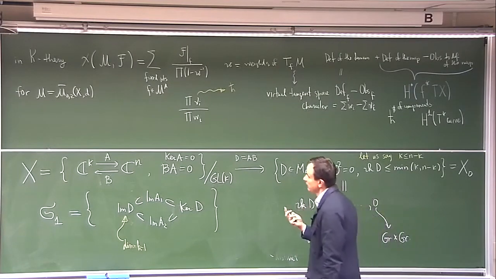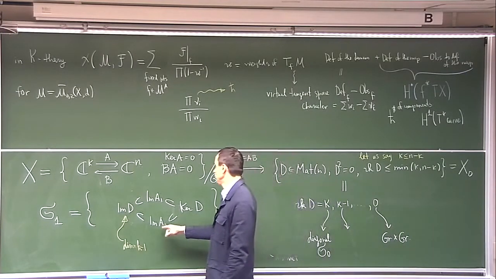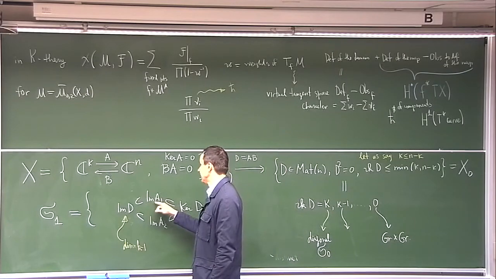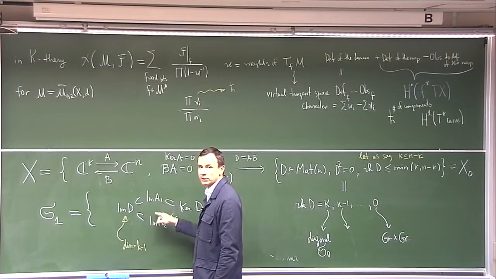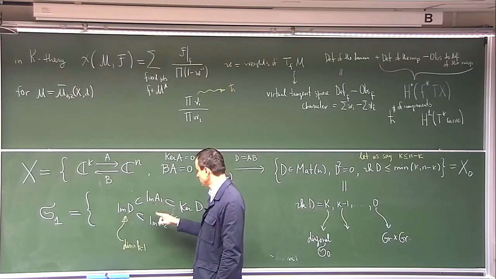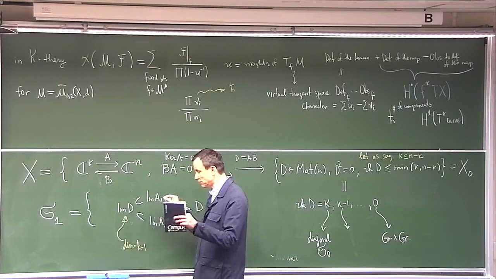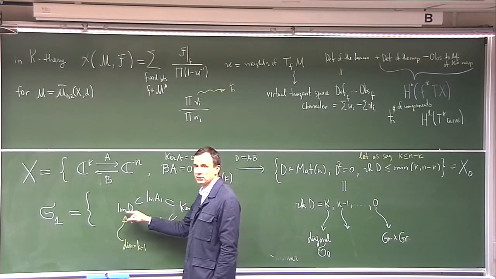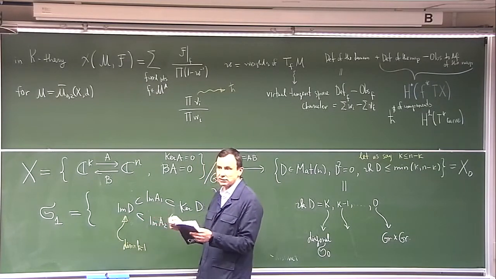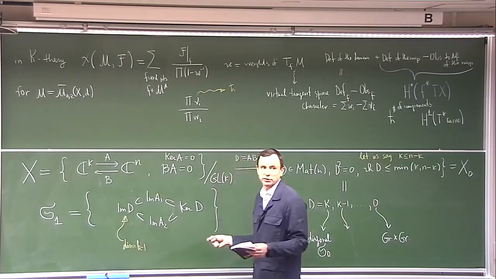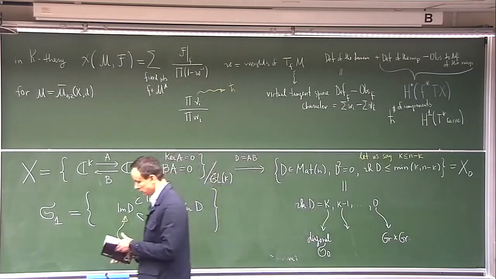So in particular, if I look at just the projection to the Grassmannian, what are the corresponding points? The corresponding points in the Grassmannian are two subspaces such that the intersection of them is k minus 1 dimensional. In other words, these are points in the Plücker line.